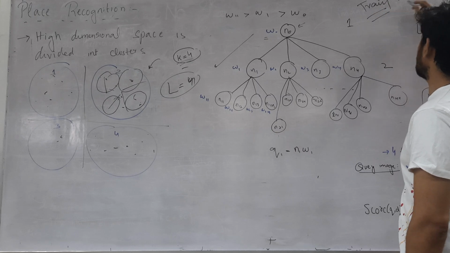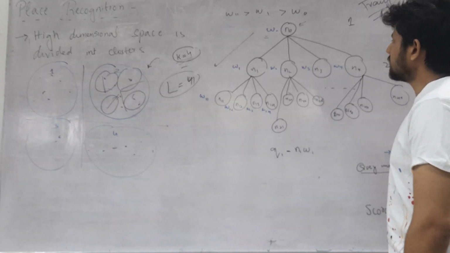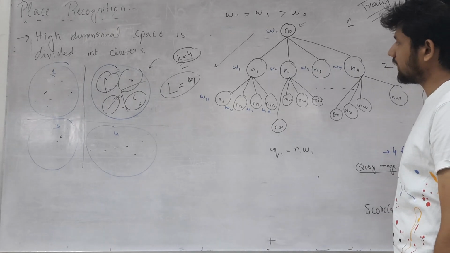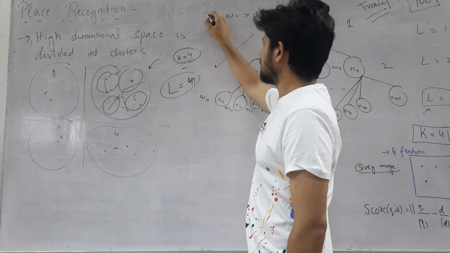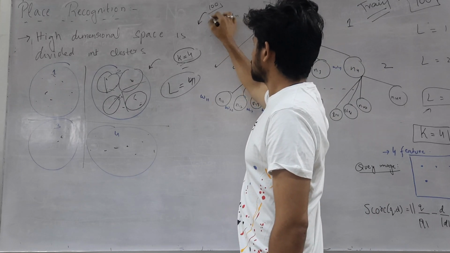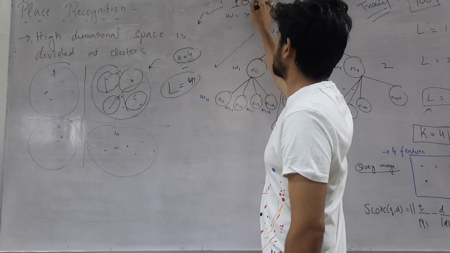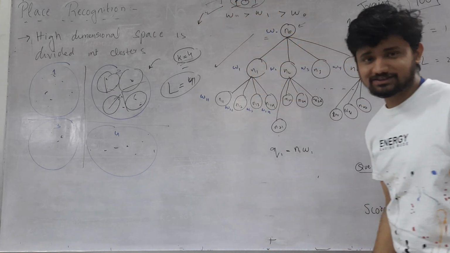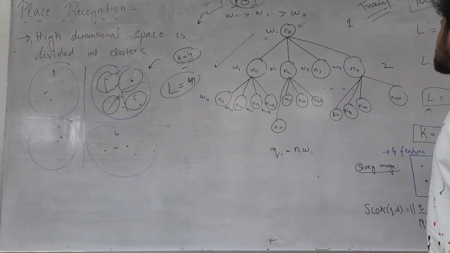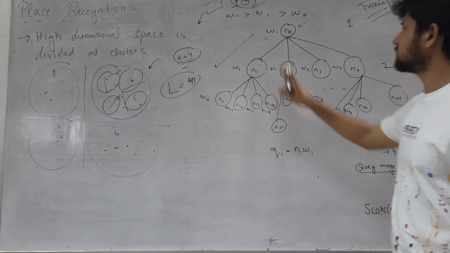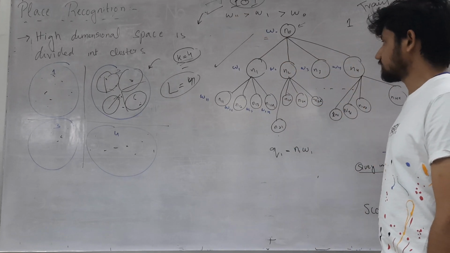Obviously, let's say you have made it with, let's say, the first 100 images. Now in online phase, let's say you have another image and you want to add this image as well. Okay, you have another image, the 101st image, and you want to place this image as well in this tree.